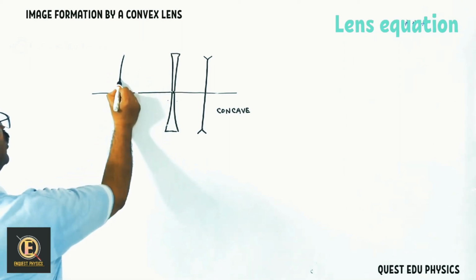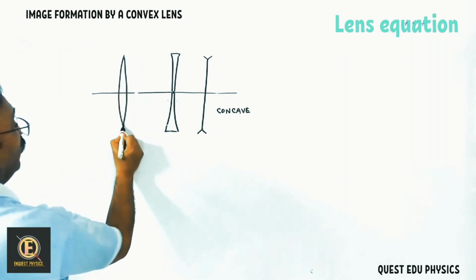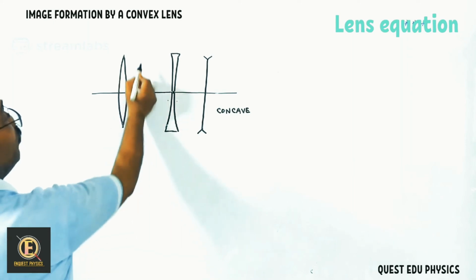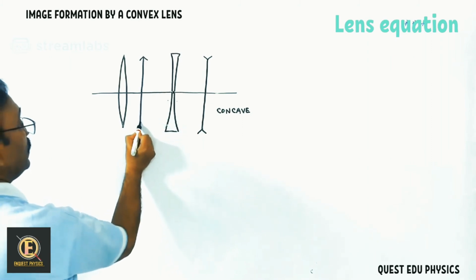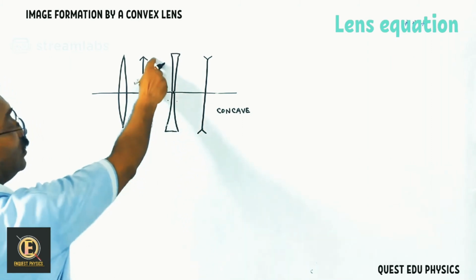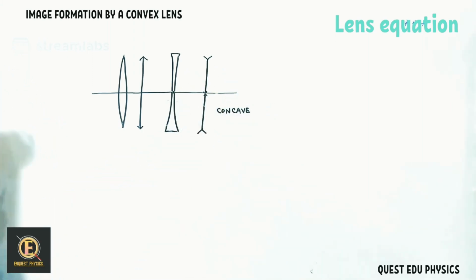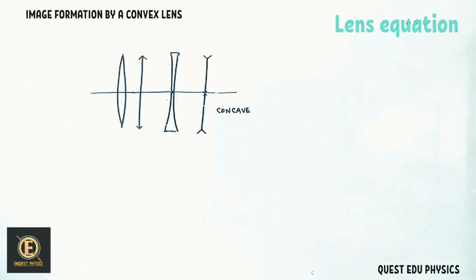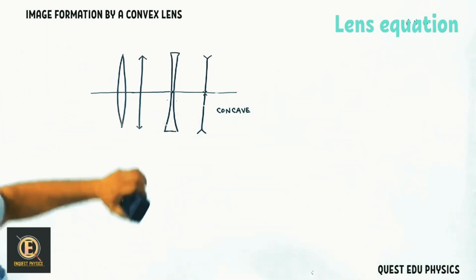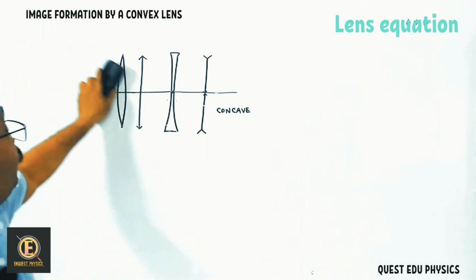If you draw a convex lens, the symbolic representation would be like this. Arrowheads are down and the tails of the arrows are upside. We call them the concave as well as the convex, students. I hope you are getting my words. These are the symbolic representations, biconcave as well as convex.